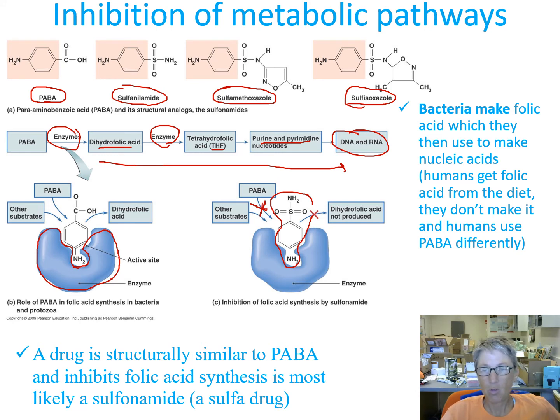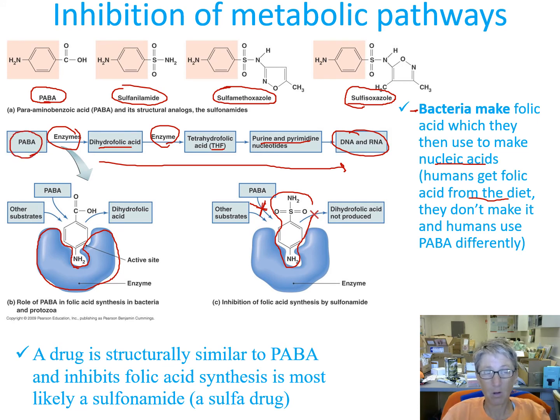So let's check this guy out. Bacteria make folic acid, right? Which they then use to make nucleic acids. Yeah, we went over that. And we, humans, we get folic acid from our diet. We don't make it. And we use this molecule PABA differently.